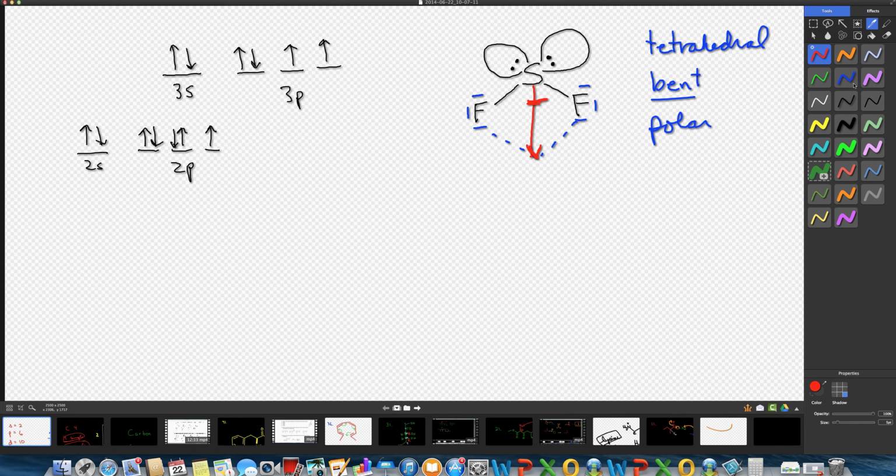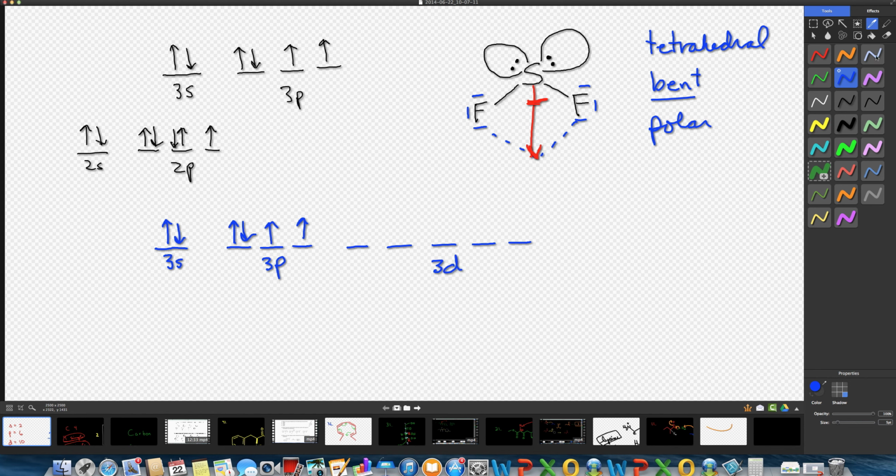Let's now look at SF4. So with SF4, again, I have a 3s2, 3p4, just like I had in the beginning, but now I'm going to promote an electron and mix some orbitals.